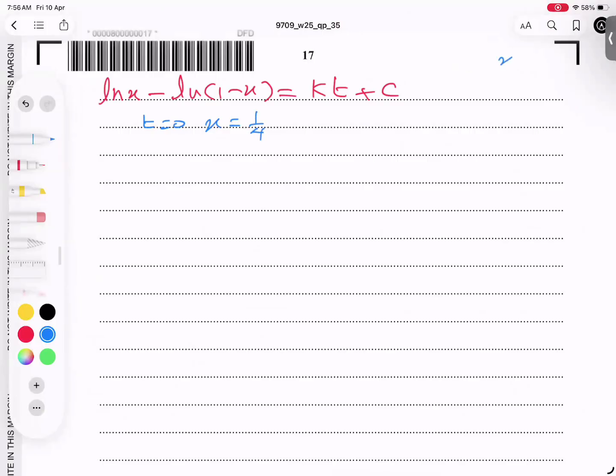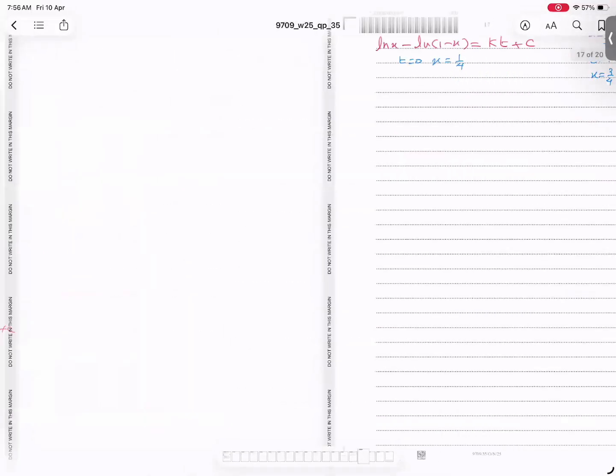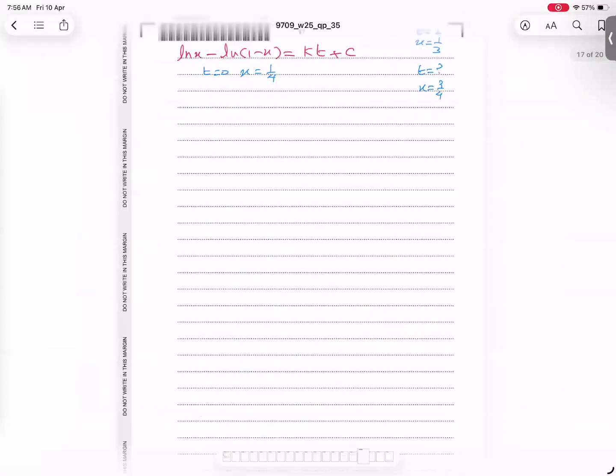Second parameter is when time is 2, x is 1 over 3. And lastly, we have to find time is question mark when x is 3/4. So 3/4. Let me check 3/4 or what? Yeah, 3/4. Okay. So let's start.